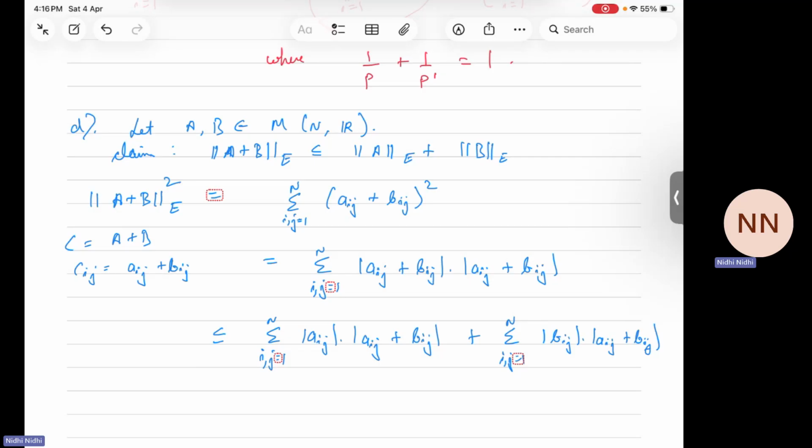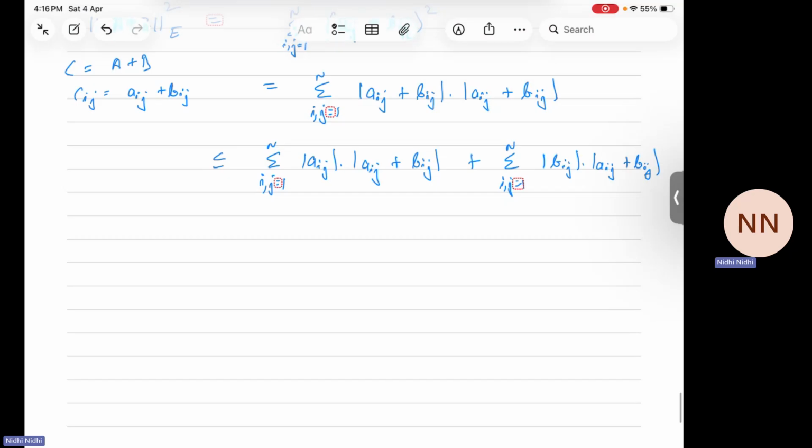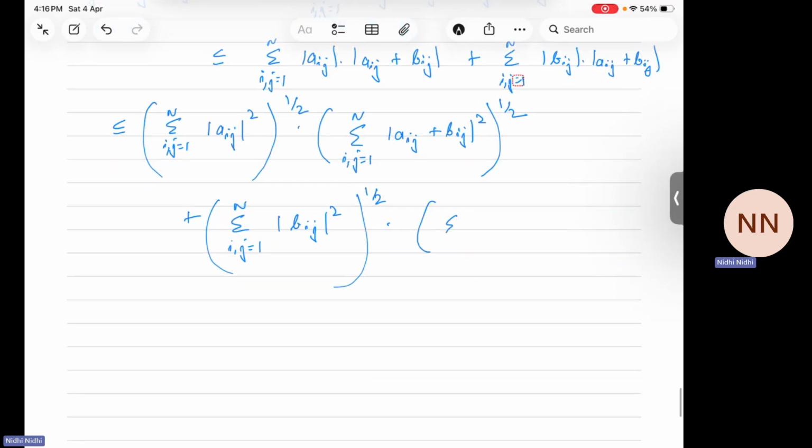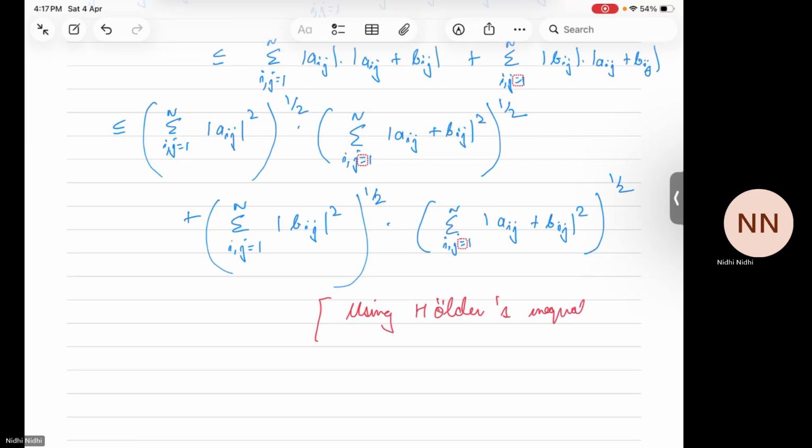So using Hölder's inequality for p and p prime equal to 2, we get this to be less than or equal to the summation i, j from 1 to n of a_ij square to the power 1 by 2, plus the summation i, j from 1 to n of b_ij square to the power 1 by 2, each times the summation i, j from 1 to n of mod a_ij plus b_ij square to the power 1 by 2, by using Hölder's inequality for p equals p prime equals 2.